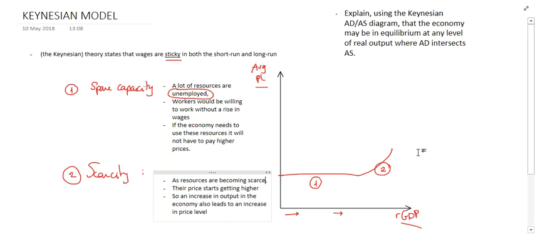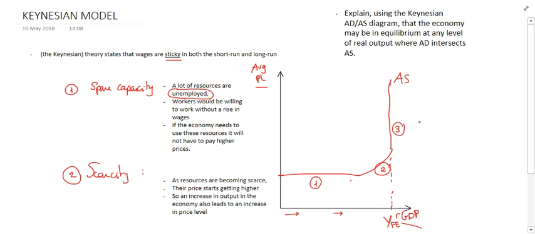And the final part is that resources are fully employed. There is no way the economy can employ any more. So any increase in the demand for resources will just lead to an increase in price level with no effect on output. And that is why this is the vertical section, which represents the full employment level of output.